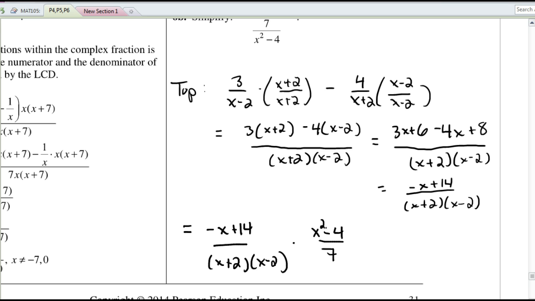And remember that x squared minus 4 is really x plus 2 times x minus 2, so this difference of squares will actually cancel with both of these factors, and we just end up with negative x plus 14 over 7. And what could x not be? It couldn't be plus 2 or minus 2 if we want to keep the exclusions in order.